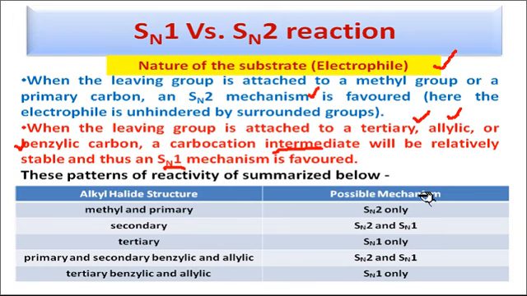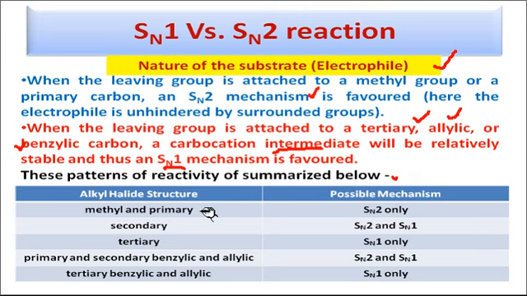As we discussed in our previous class, SN1 reactions take place with the formation of a carbocation intermediate. As the stability of the carbocation increases, this will favor the SN1 mechanism. So the following pattern will be observed for the SN1 or the SN2 reactions.